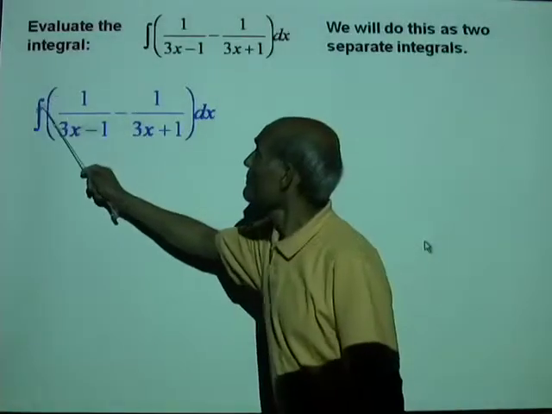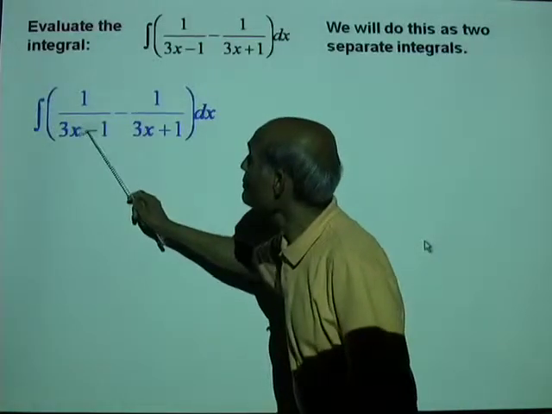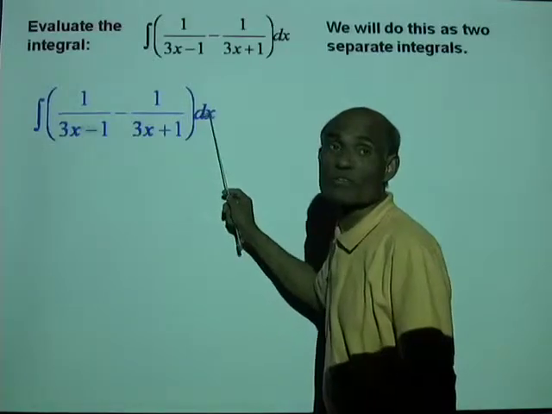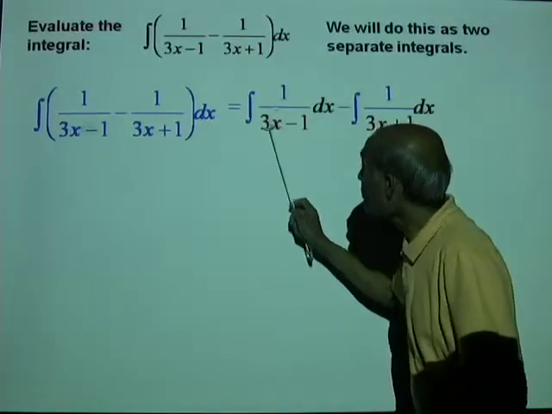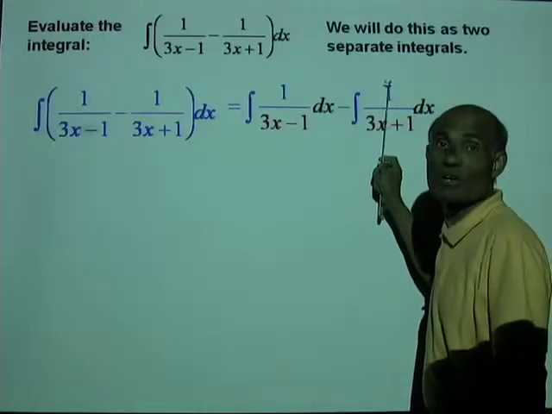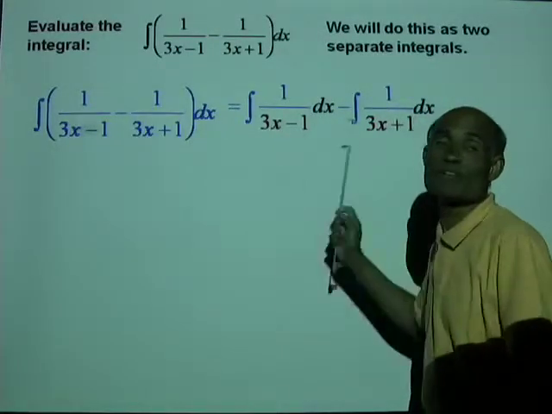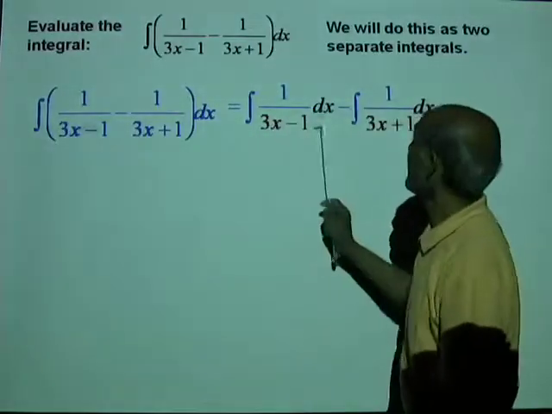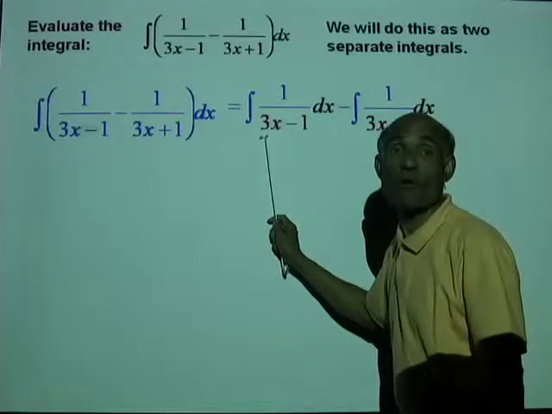That means the integral of 1 over 3x minus 1 minus 1 over 3x plus 1 dx is the integral of 1 over 3x minus 1 dx minus the integral of 1 over 3x plus 1 dx. We will do the integration one after the other. Now, these are simple forms.